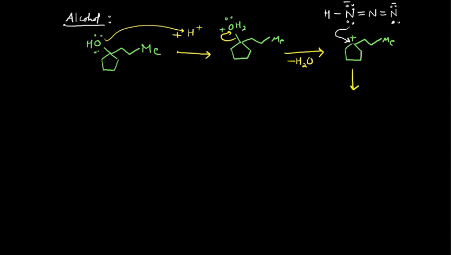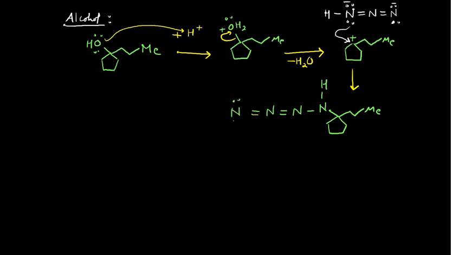When this attacks on this particular position, you will have your new species, and that species would look like a 5-membered ring with this methyl, nitrogen with positive charge, and after that another nitrogen, double bond nitrogen and double bond nitrogen.